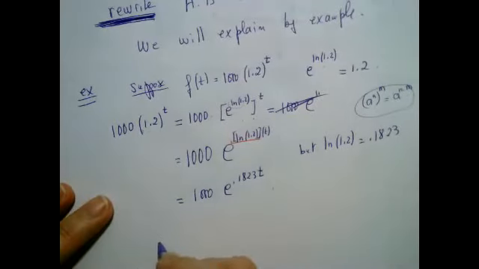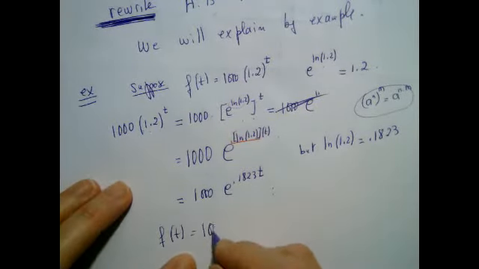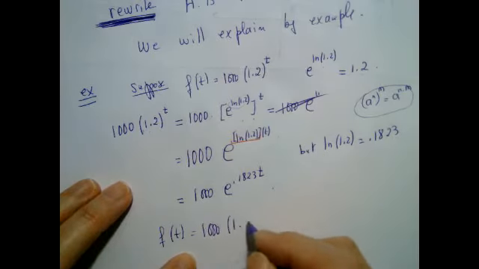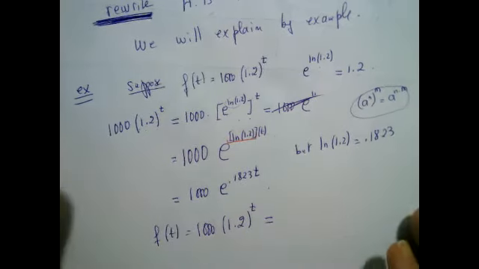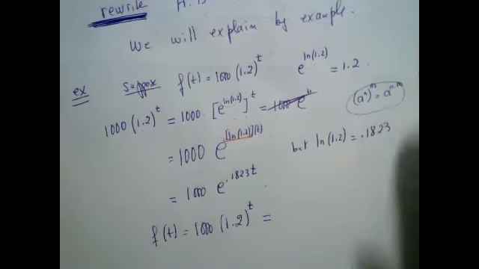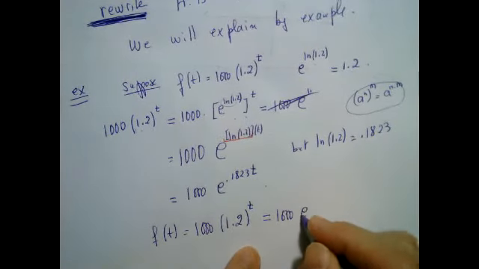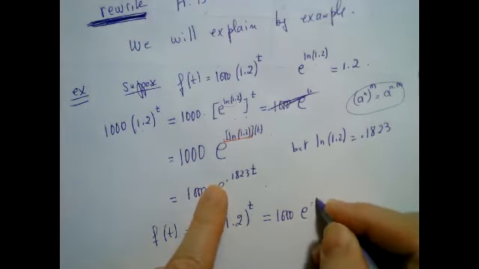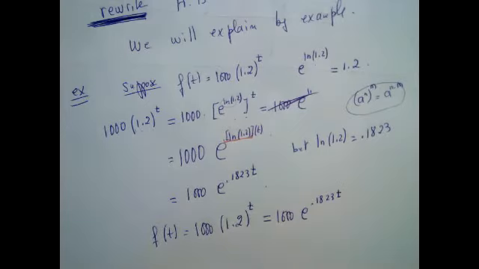Okay, so let us sum up the way I am rewriting things. The function 1000 times 1.2 to the power t can be rewritten, and as I repeat, it's not different. We can rewrite it as 1000 times e to the power 0.1823t.